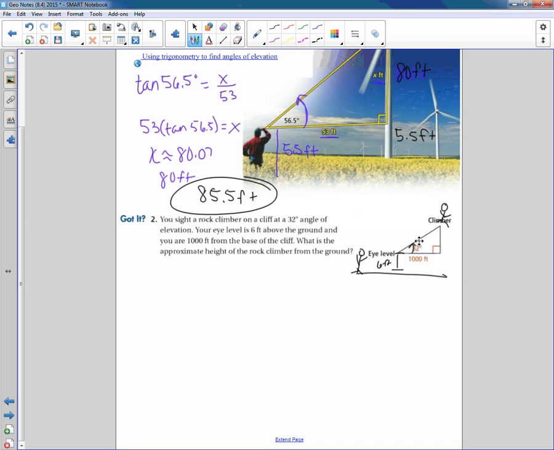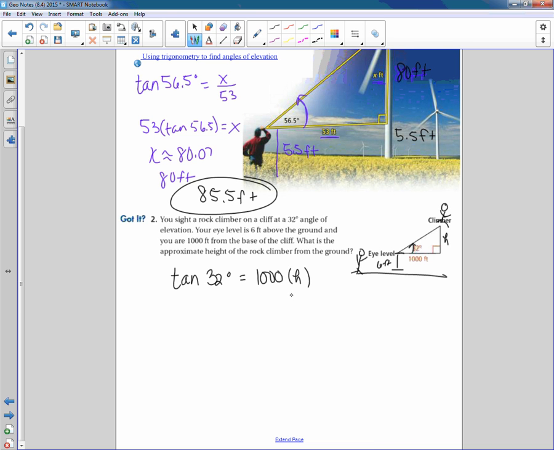Okay, so we're going to use tangent. We're going to use 32 degrees because we're looking for the approximate height. So we are looking for this height here. But whatever we get for height, we're going to have to add to the 6 feet, the feet above ground to eye level. So I'm going to say the tangent of 32 degrees is equal to h over 1,000.